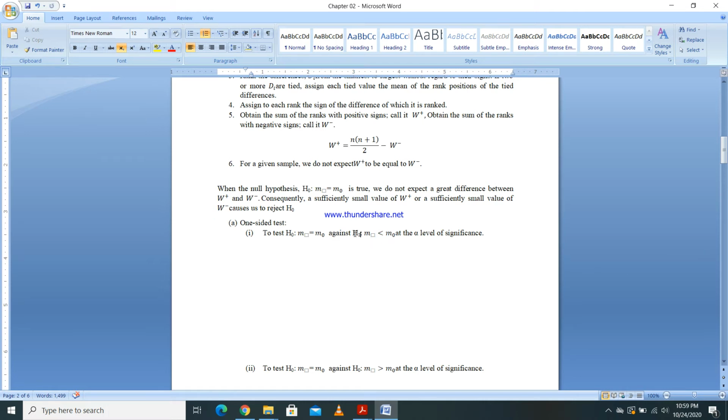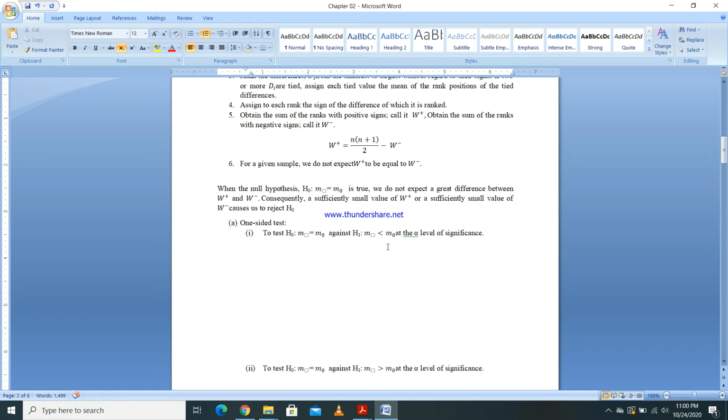Your alternative hypothesis can be the median value less than the given median value, or else the H1 can be the median value greater than the given median value. In each case you can write H naught as median equal to the given median value, or else you can write the opposite of this.